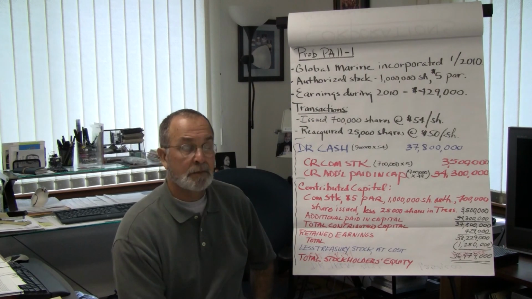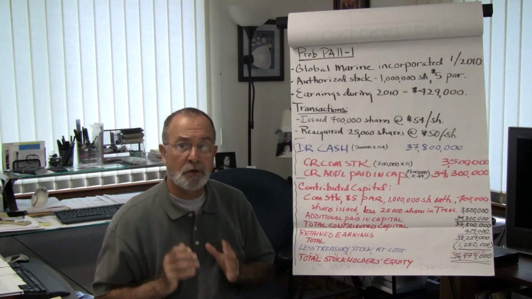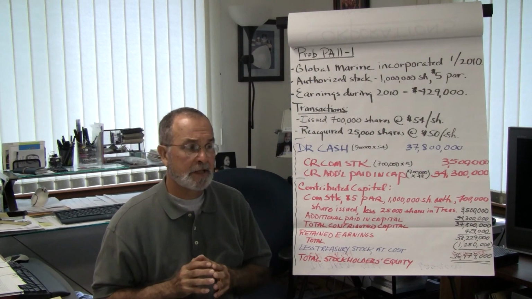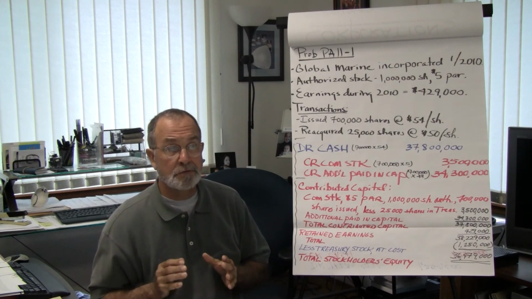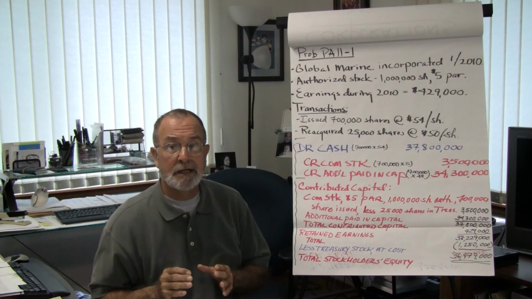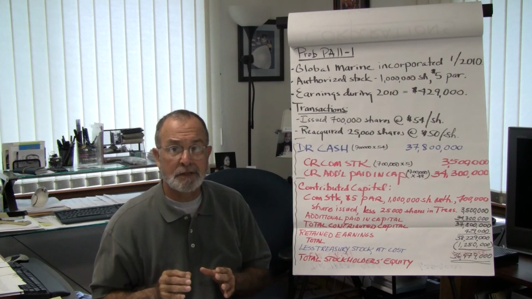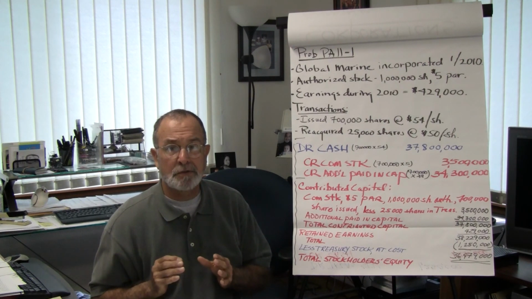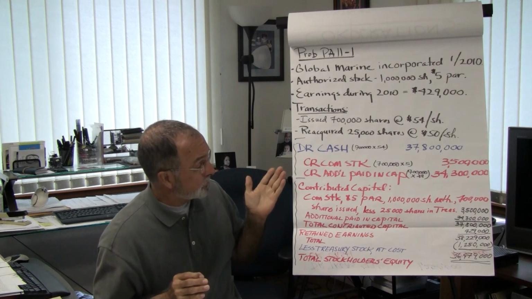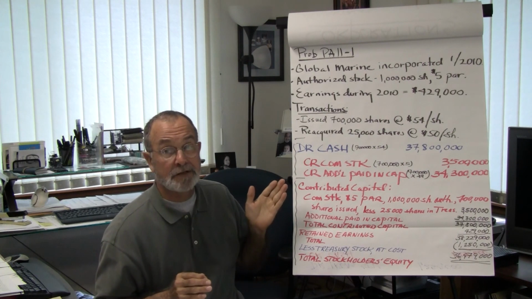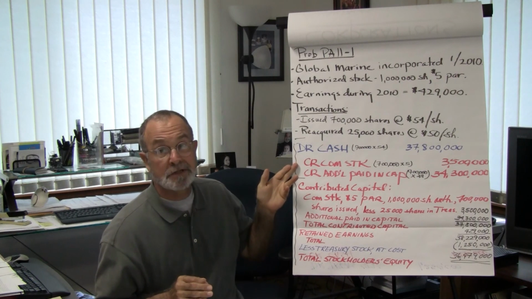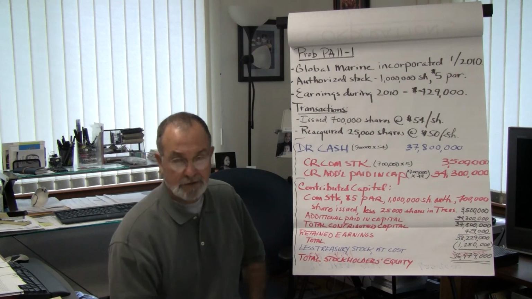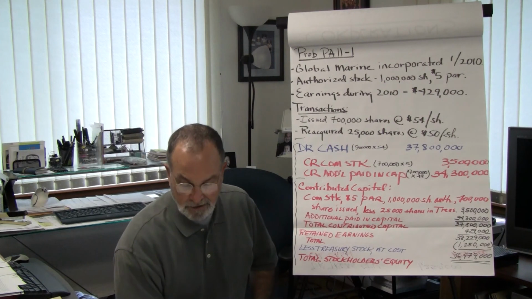Again, par value is an arbitrary amount. It has no significance except that it is used to calculate the credit to the contributed capital, or in this problem we're using a little different name for that account, contributed capital or common stock account. So that's where the par comes into play.